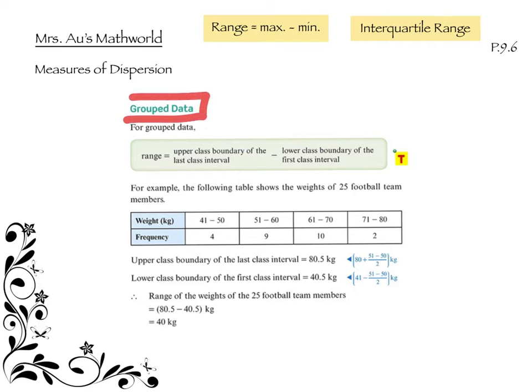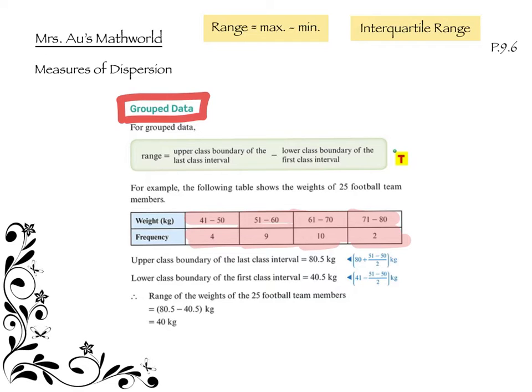Because for group data, they are already classified in groups. You see the groups like 41 to 50, we get 4 of them, and then 9 of them in 51 to 60, something like that.